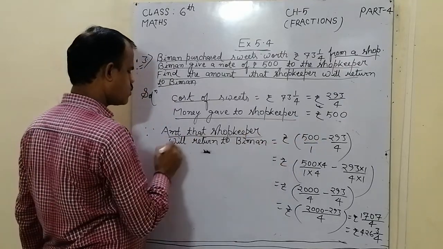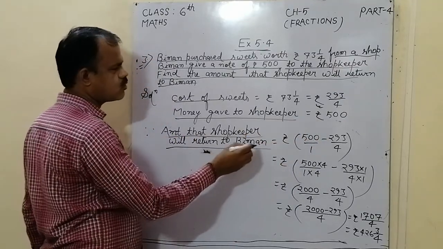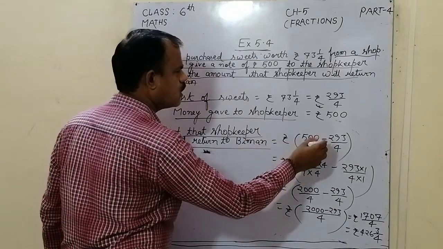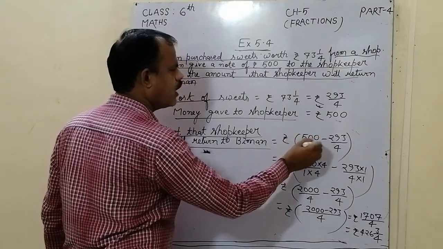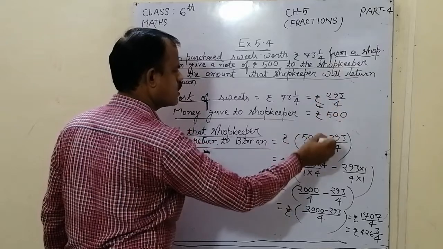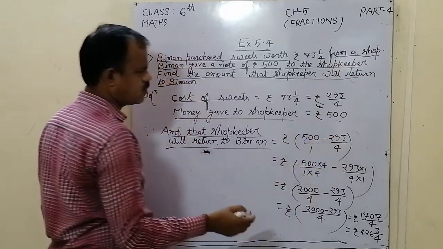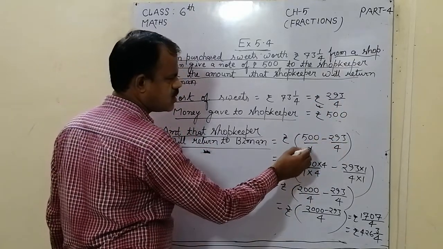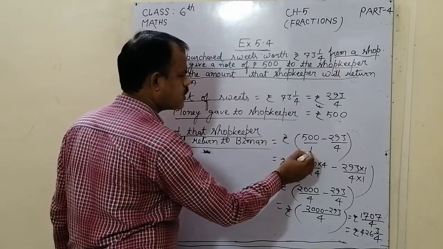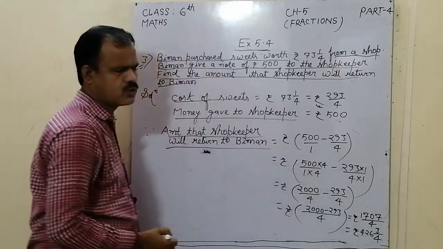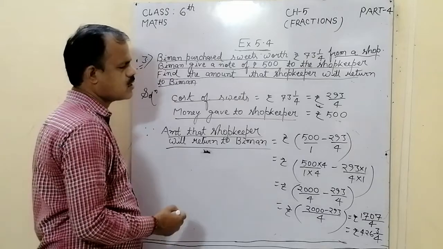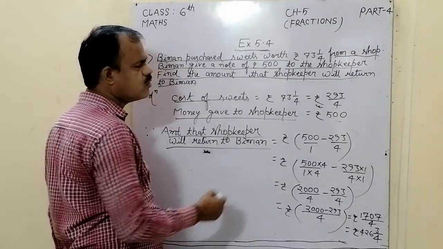So amount that shopkeeper will return to him is 500, that amount given, minus cost of sweets, that is 293 by 4. So students, see here, here denominator is 1 and 4. So this is unlike fraction, so change it into like fraction.